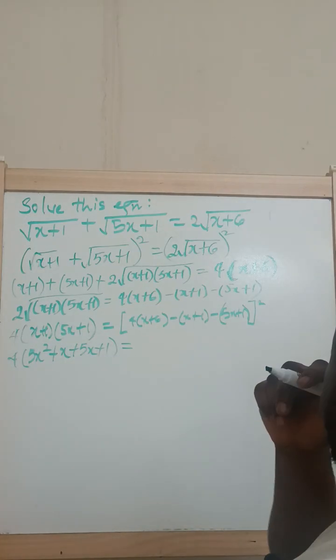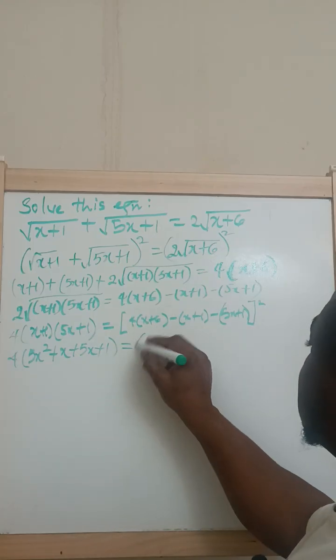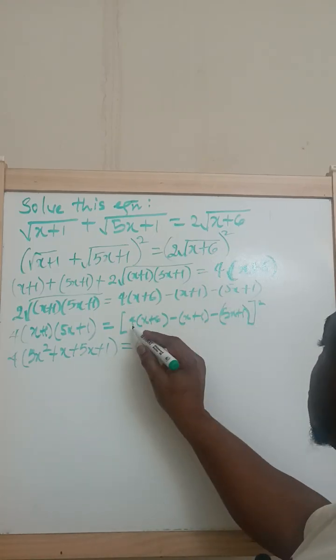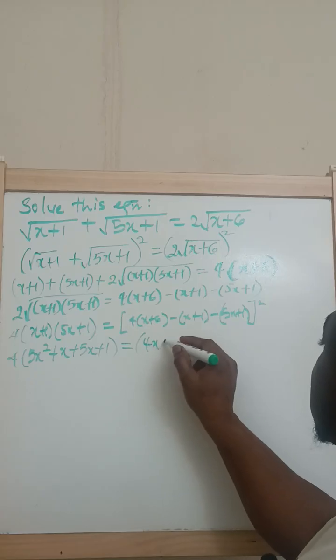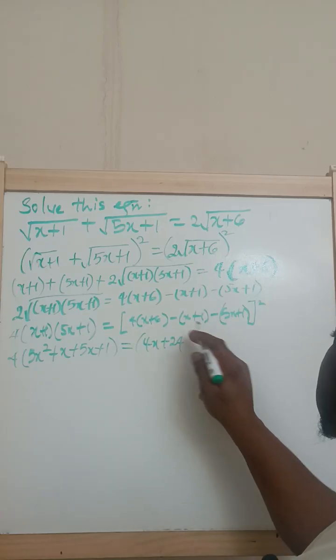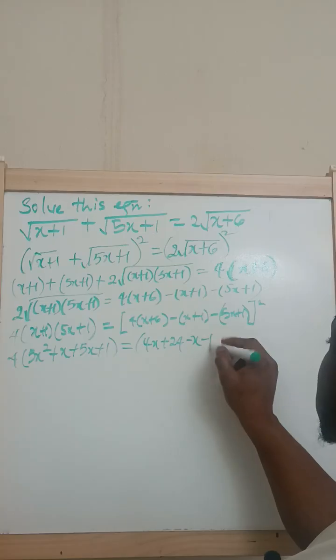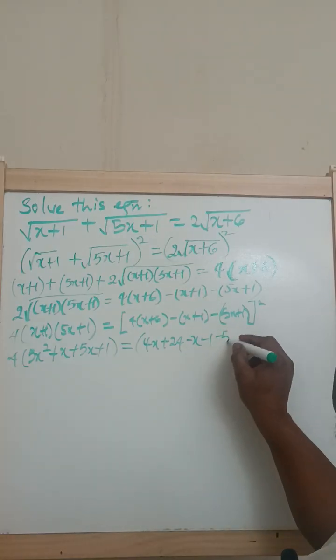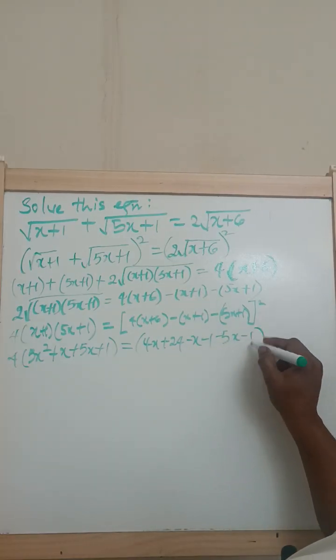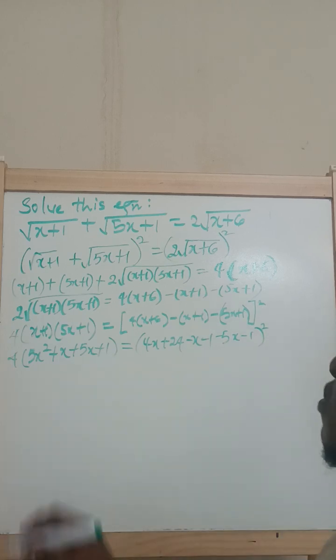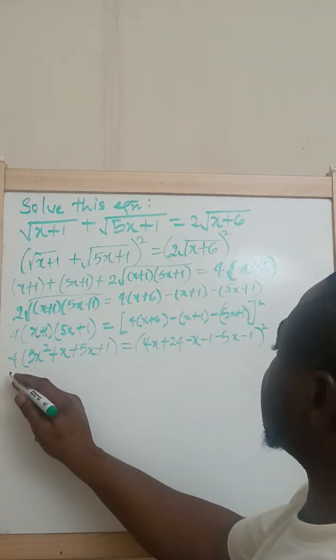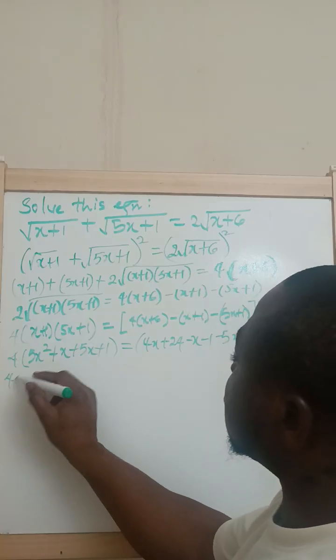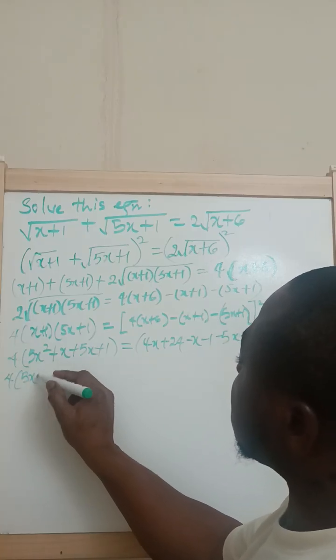Okay, so this one, let's expand this first before we use the square. So this is going to be 4x plus 24, minus x minus 1, and minus 5x minus 1, everything squared.